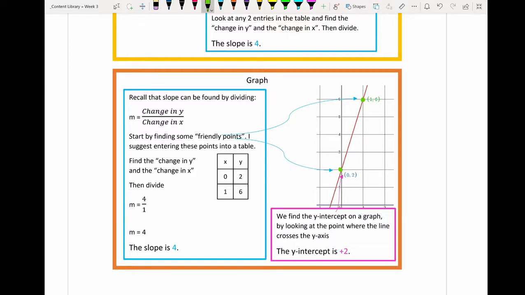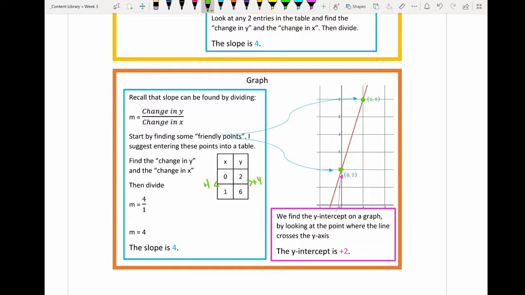So in this case, we have 0 and 2, and 1 and 6. It's helpful to put those into a table, even if it's just a short one with only 2 points, to help us figure this out. From there, we can easily see our change in y and our change in x, and then we can put that into our slope formula and divide, and we get our slope is equal to 4.